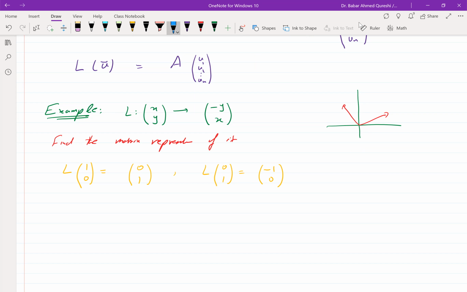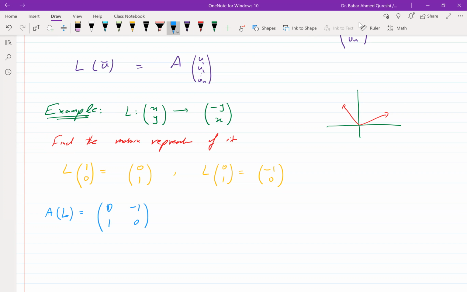So the matrix of the linear transformation, for now I'm writing it like this, but later on I'll just represent them again with an L, is you collect these transformed basis vectors. You take the standard basis vectors, transform them, and collect them in a matrix in the same order. Remember, you have the ordered basis, so in the same order you collect them.